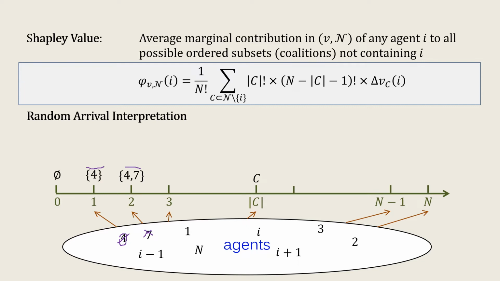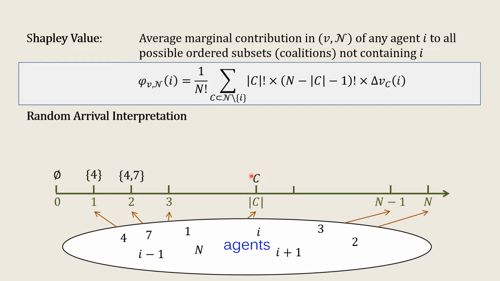And so we proceed until time instance n. So we see that at every time instance, the size of the coalition increases by 1. At time t equals 0, the size of the coalition is 0. At time instance 1, the size is 1. At time instance 2, the size is 2.